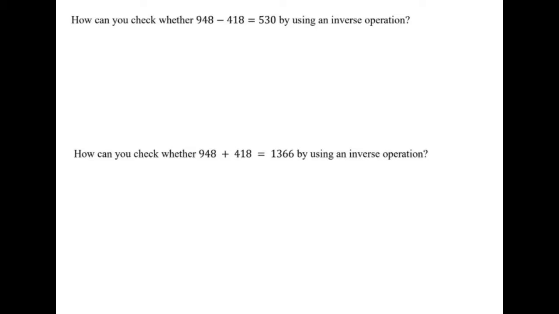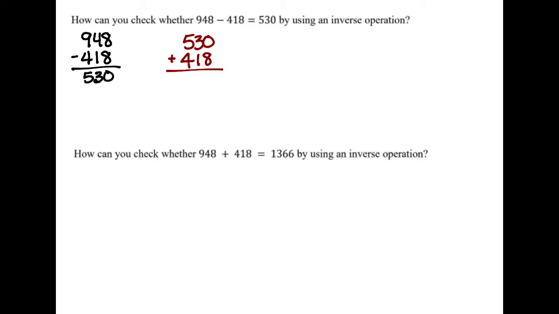So how can you check whether 948 minus 418 is equal to 530 by using an inverse operation? We worked it this way, so now we're going to check it by going back this way. 530, if we add 418, let's see what we get. If you remember when we were doing the borrowing page, I showed you how to check it like this.